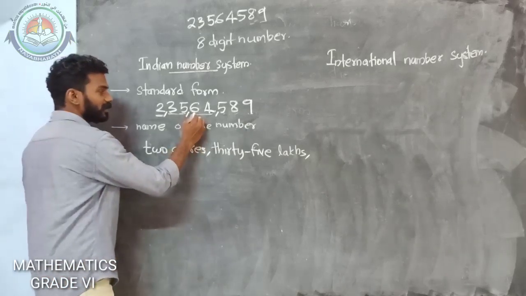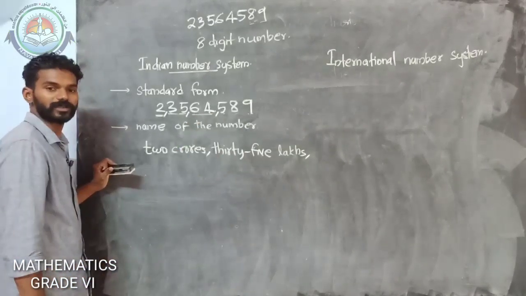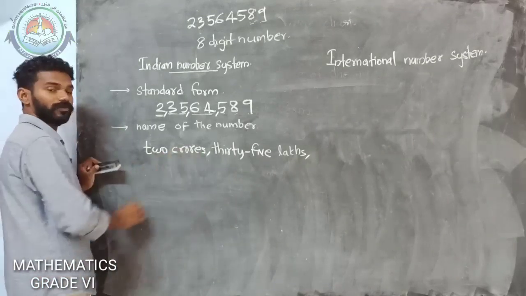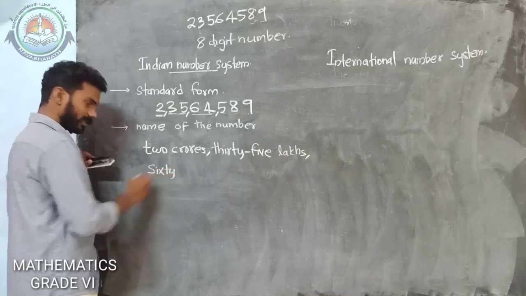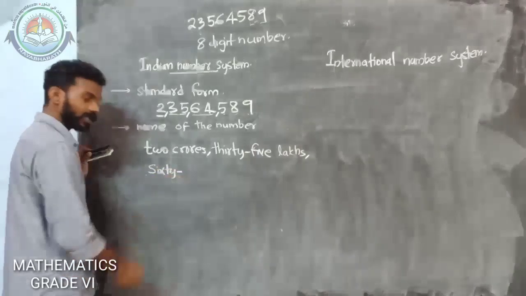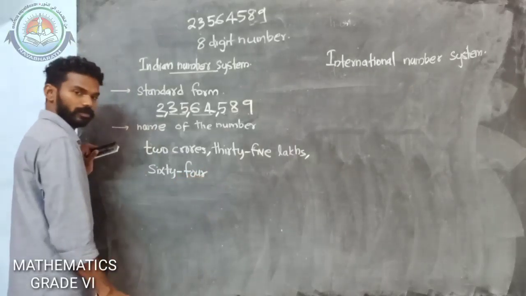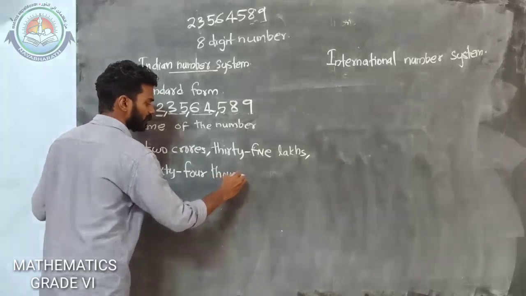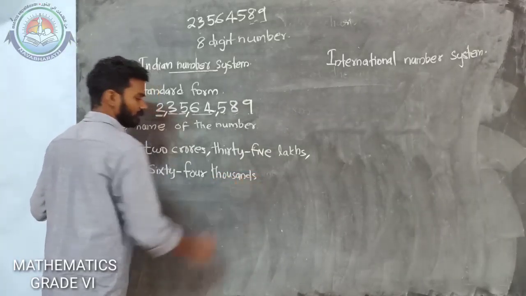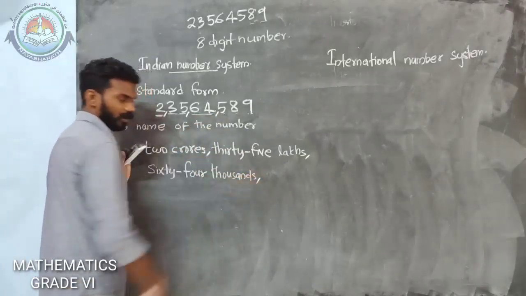There are 64 thousands. How can you write 64 thousands? First of all 60, thereafter a hyphen, then 4. 64 thousands. Again you should put a comma.